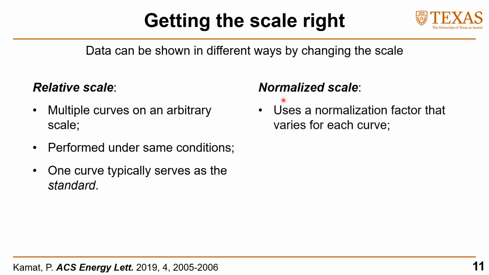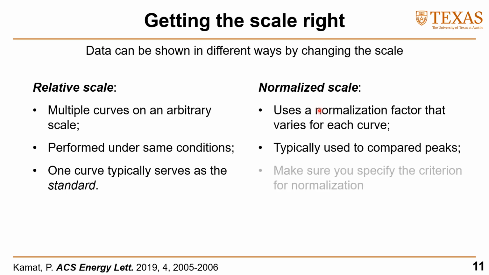The other type of scale is called normalized. What we do here is use a normalization factor that changes for each curve. And we use this factor to normalize or to represent the intensity, maybe the same intensity for all the samples, to compare peaks.